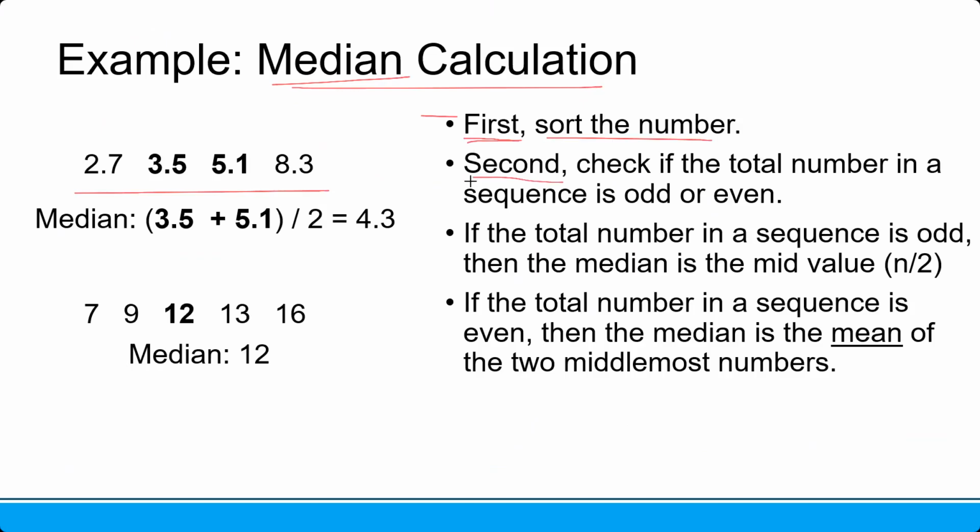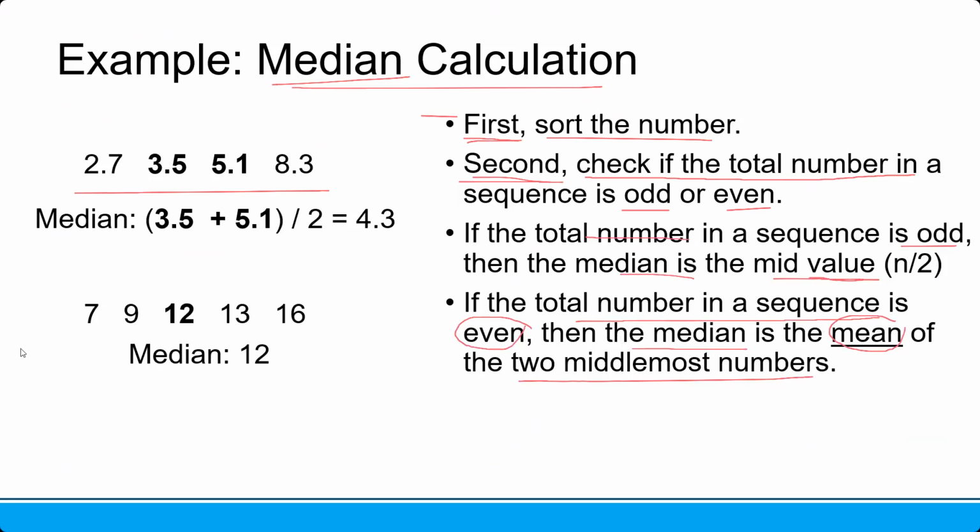After I sort the numbers, next I need to check whether the total number in the sequence is odd or even. If the number is odd, then the median will be the mid value. If the total number in the sequence is even, then the median is the mean of the two middlemost numbers.